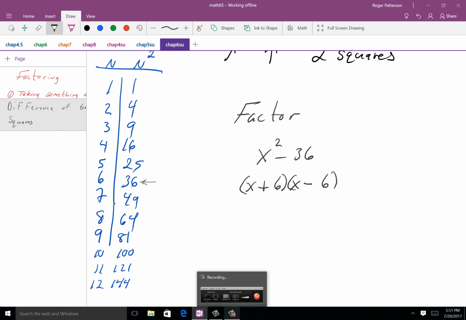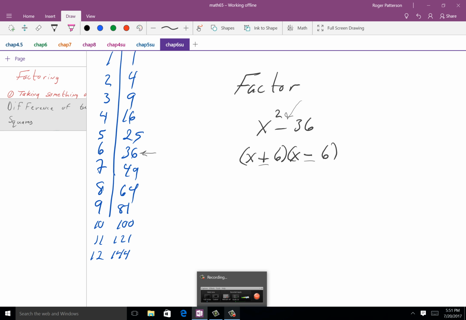All right? So there's two reasons actually that it's called a difference of two squares. Difference meaning there's a minus here. All right? And also we can think of it as a difference in that those two signs have to be different. All right. So that's what a difference of two squares looks like.